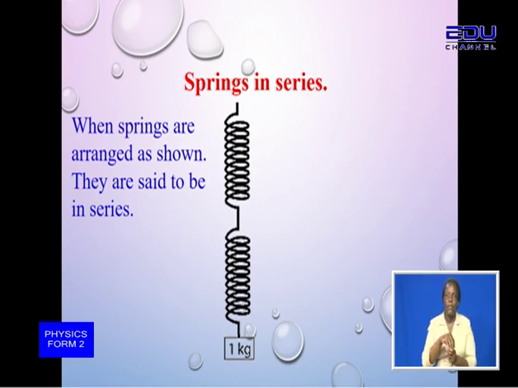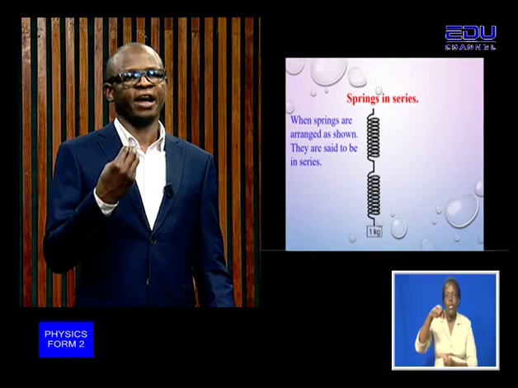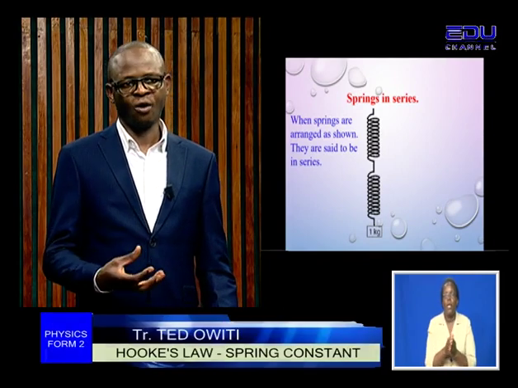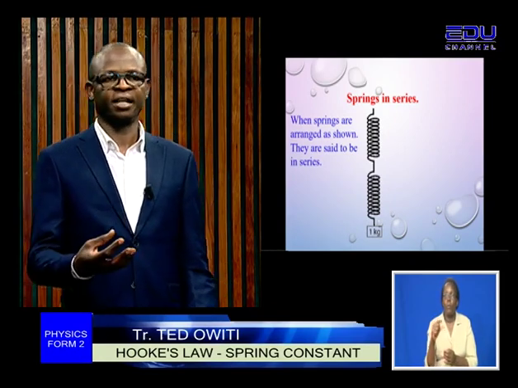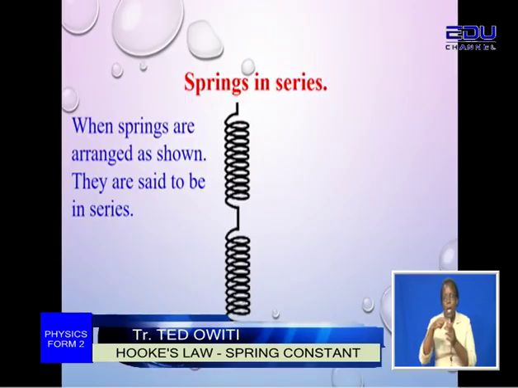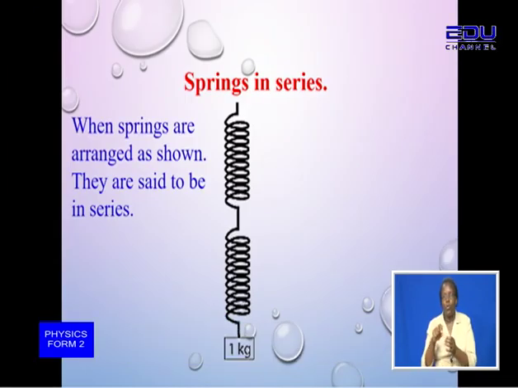So in this case, the 1 kilogram mass stretches both the upper spring and the lower spring. You can see that the upper spring is carrying the lower spring, and it is also carrying the 1 kilogram mass. So both of the 2 springs are feeling the weight of the 1 kilogram mass.